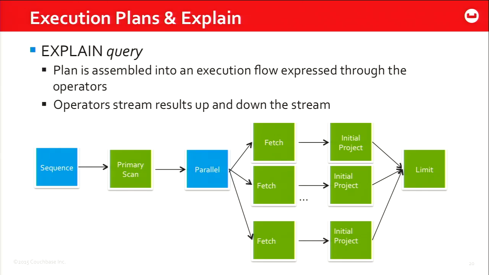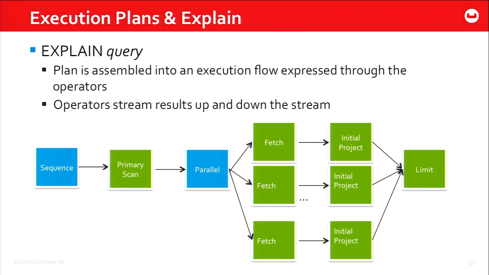So sequence means I'm going to sequence a whole bunch of operators and operations together. Parallel means I'm going to take the set of operators and have a bunch of threads fire up that are going to do part of the work, and then eventually, at the end, I may reduce it down to a single-threaded operation to finalize it.